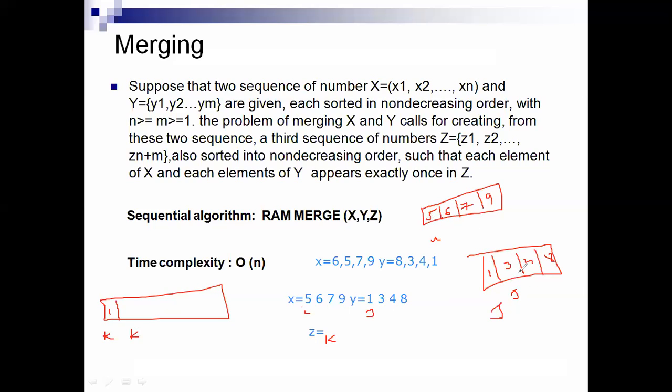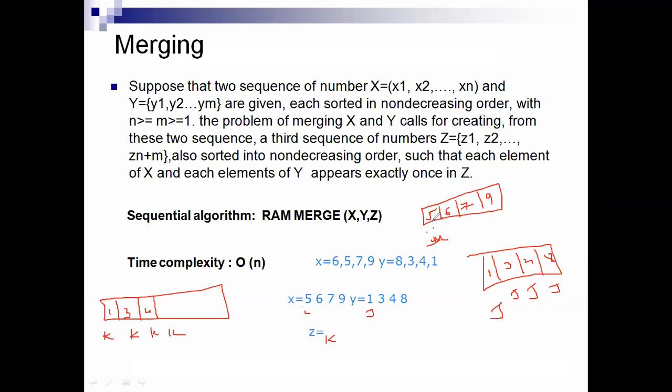Then again I compare the i and j values. 3 and 5 are compared. The least one is 3. So 3 is stored here, k is incremented by 1, and j is also incremented by 1. Then 4 is compared with the i value 5. Again 4 is stored here, k and j are incremented by 1. i remains as it is, because that element is not stored in the other array. Then j is compared with i again: this is 8, this is 5.